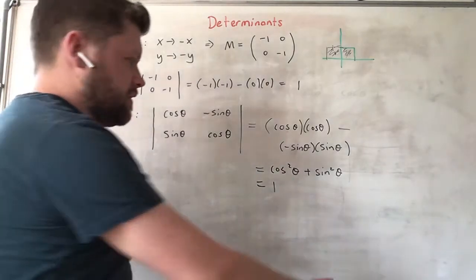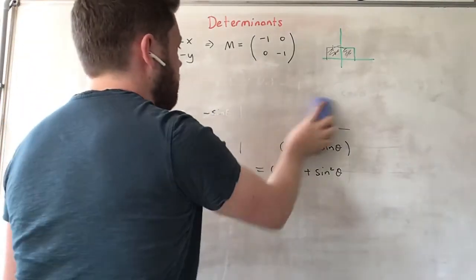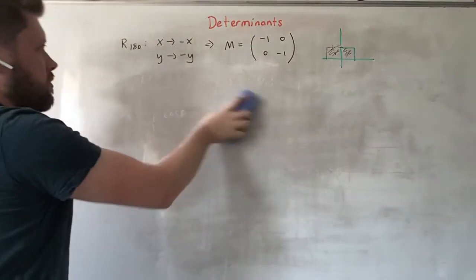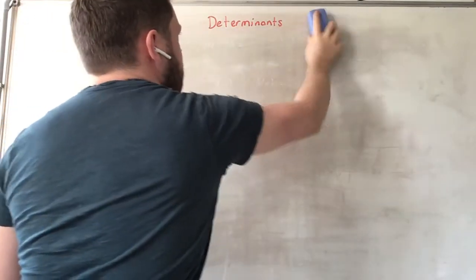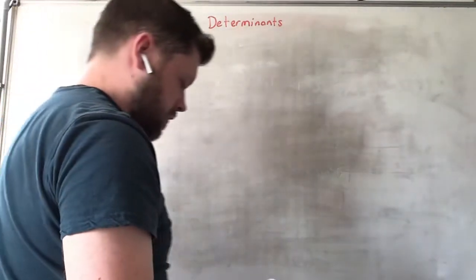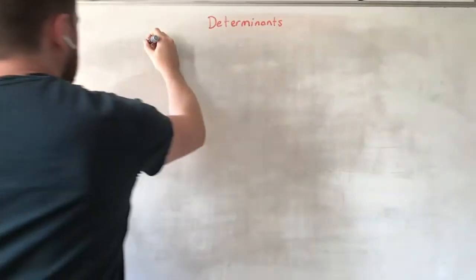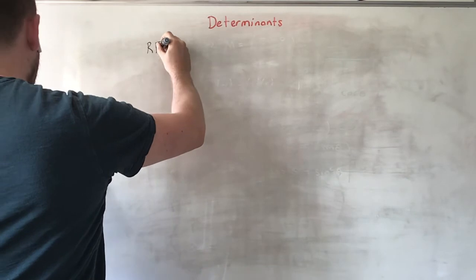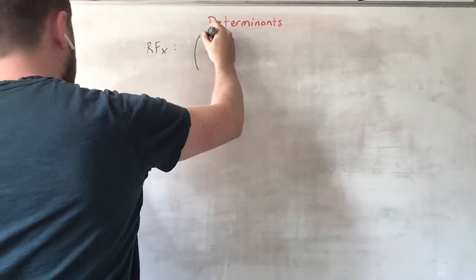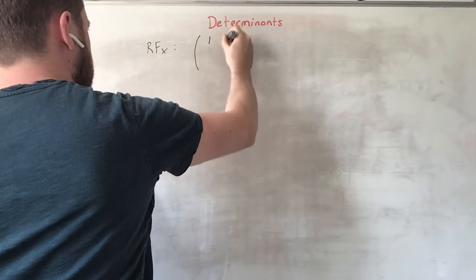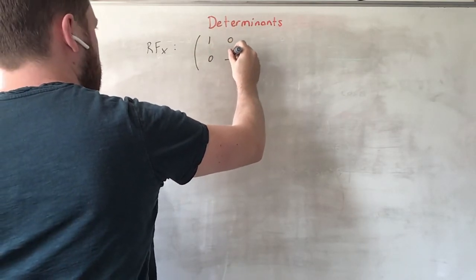The last thing I want to say is that the determinant, while it is some kind of measure of area, can also be negative. Let's take a reflection transformation in the x-axis. This has the transformation matrix 1, 0, 0, minus 1.